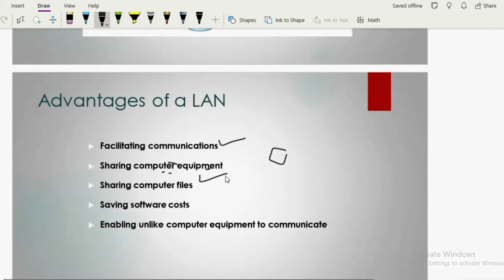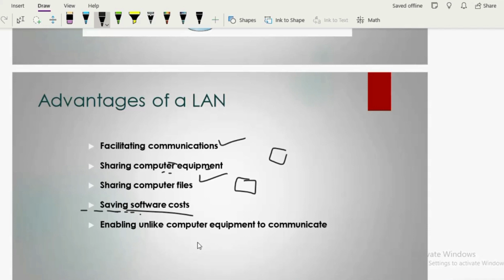Also, the computer files, the soft files, could be accessed by the employees because they are stored in the local area storage. Saving the software cost. You don't need to install the software in each and every computer. It will be in the central location, which could be used by all the employees.